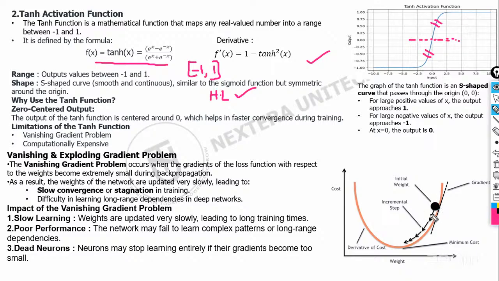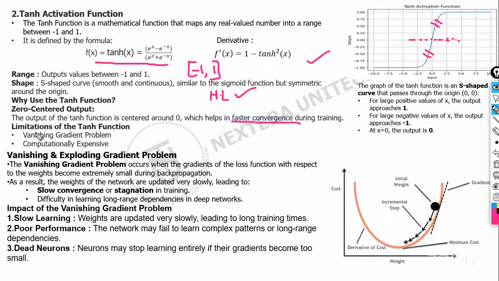This is what convergence means. I'll talk about it, no worries. For the time being, that's okay, even if it is a new topic. So since tanh is zero-centered, I can use it as an activation function in hidden layer neurons. This will help with faster convergence during the training.